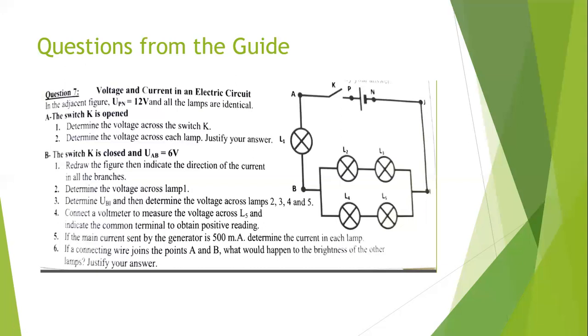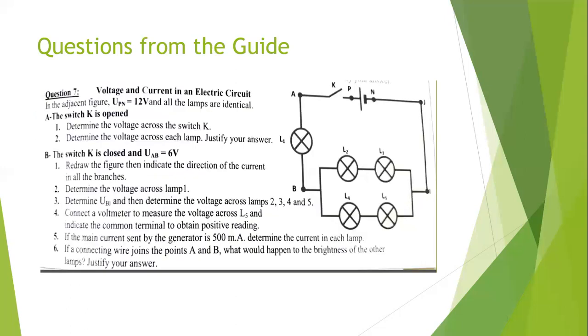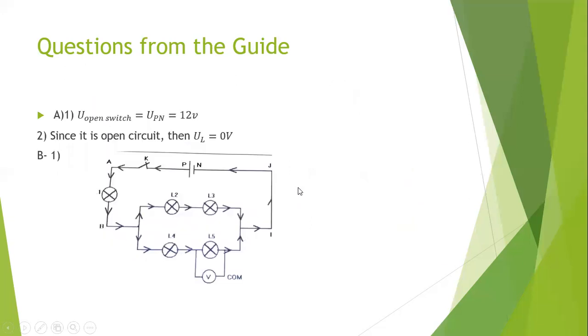Here, since switch K is opened, then the lamps have 0 voltage. The switch K is closed and UAB equals 6 volt. So now we close the switch and the voltage across this lamp, in the terminals or poles UAB, equals 6 volt.